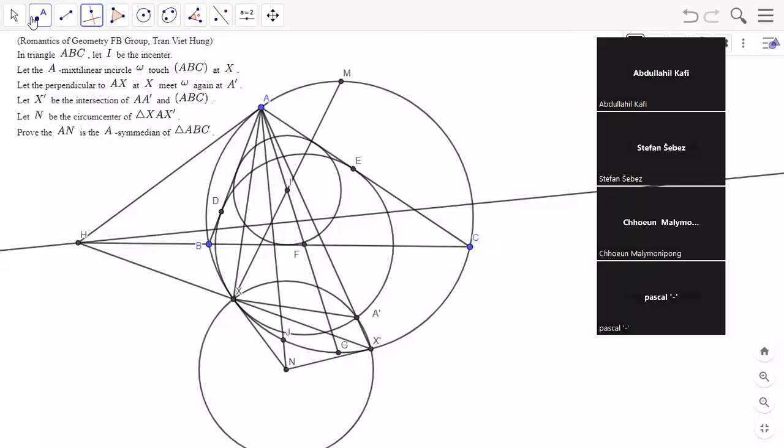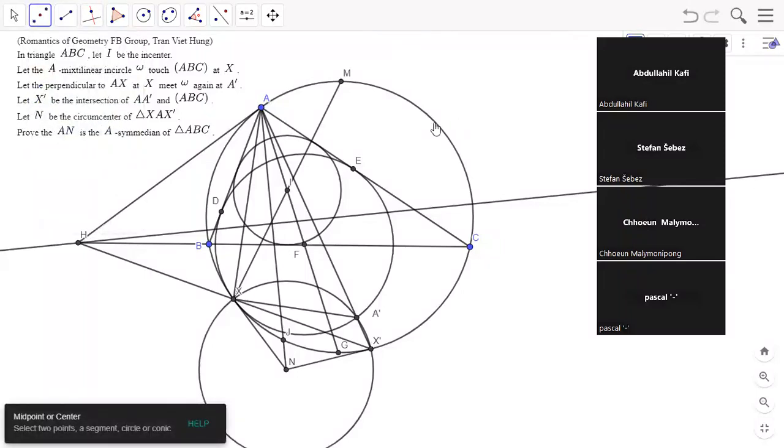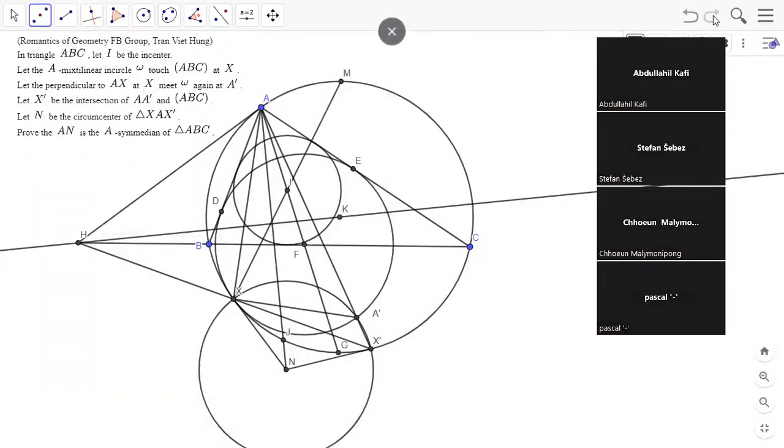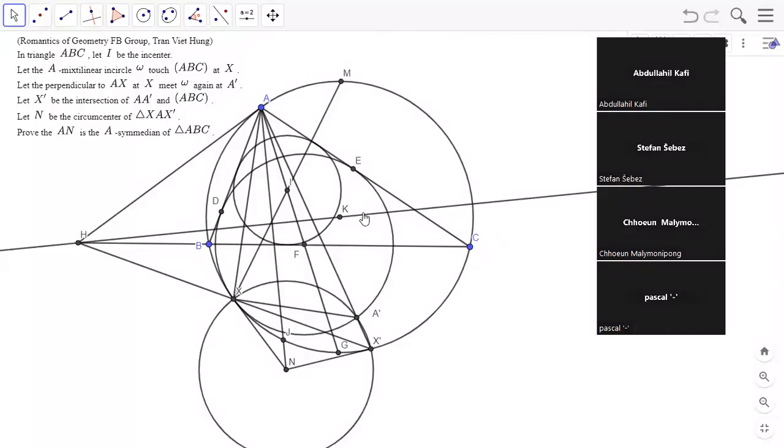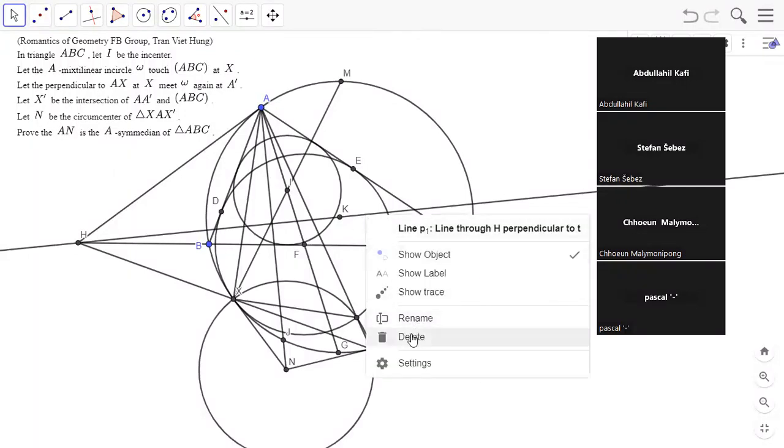I wonder if it passes through the center of this circle. It does. Interesting. So the center of ABC is tangent. Oh, well, actually that's kind of obvious.